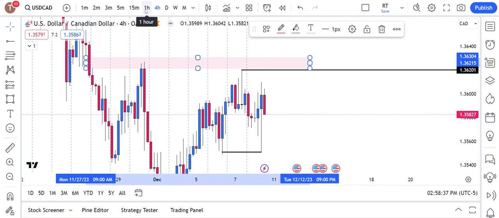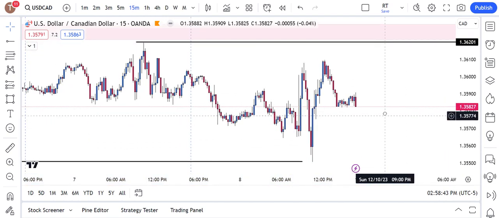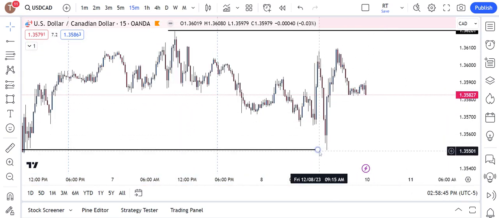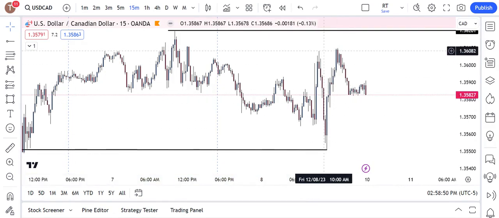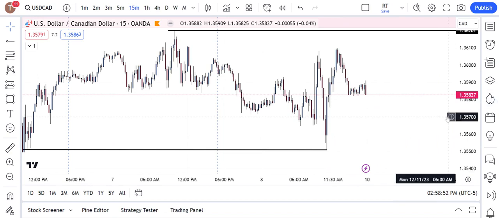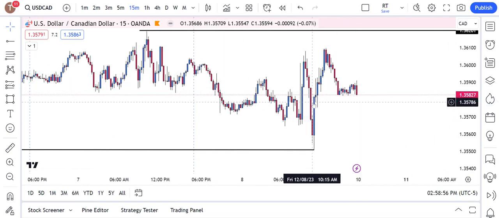All right. And so finally, the 1 hour and the 15, I kind of use those interchangeably, but more so for an entry level purpose. Just for entry model purposes, I'm going to come to the 15-minute. So right here, there was a lot of price action wicking back and forth on Friday.